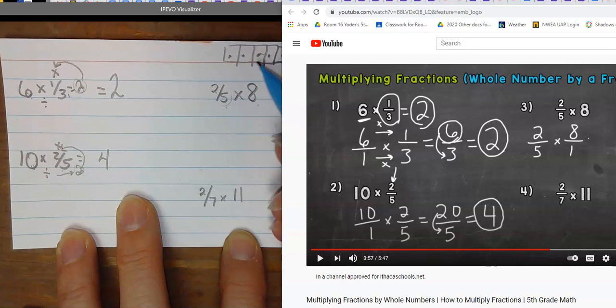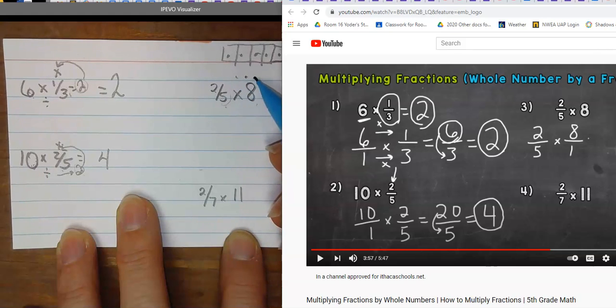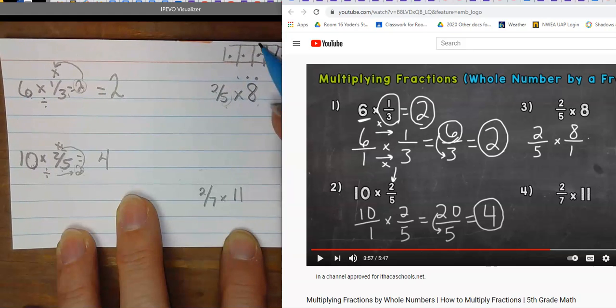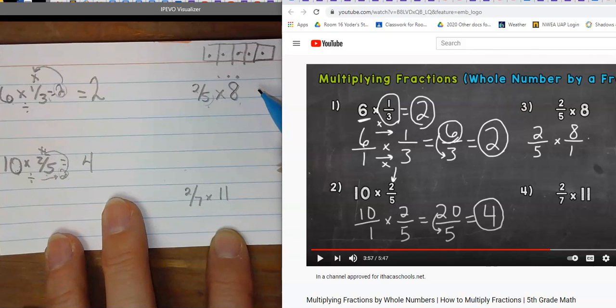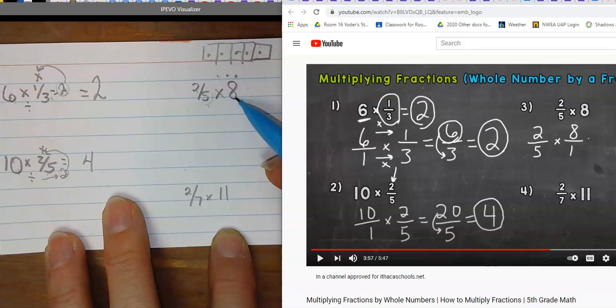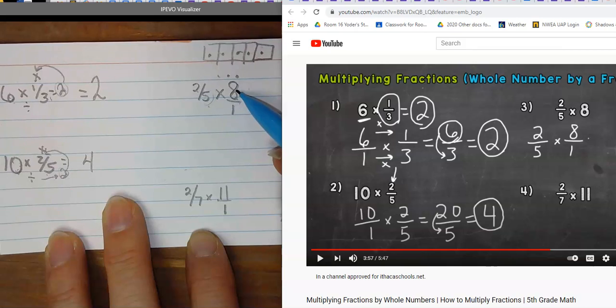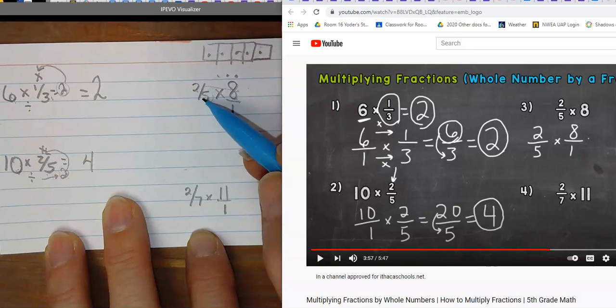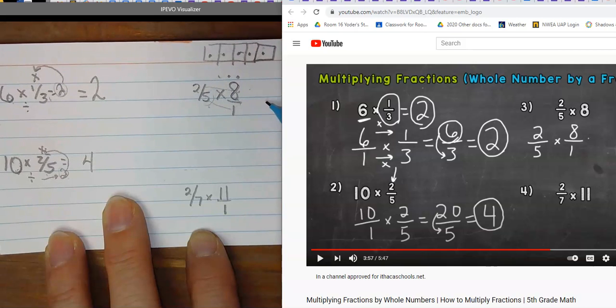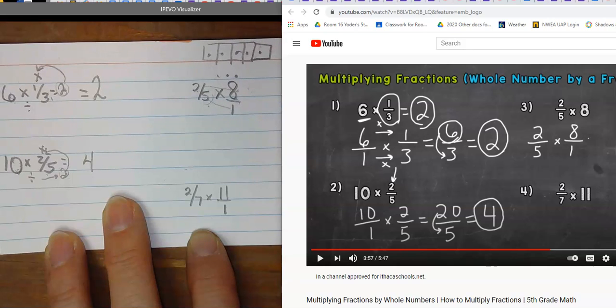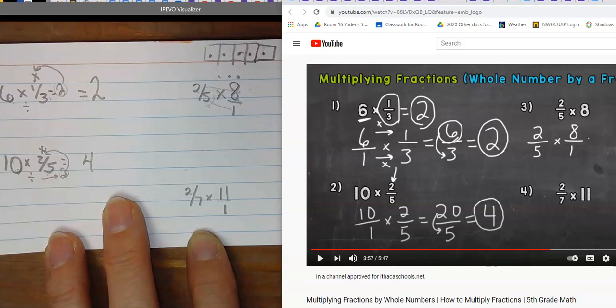Here I've used up 5 pieces, but I have 3 more pieces to use up, and that's not going to be a very nice division problem. Which is why the only way to do this is the way he is going to show you. To say, all right, but 8 is the same thing as 8 over 1. Multiply straight across. You will get an improper fraction, and you will have to simplify.